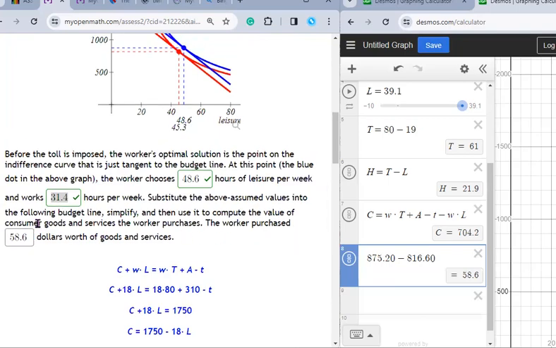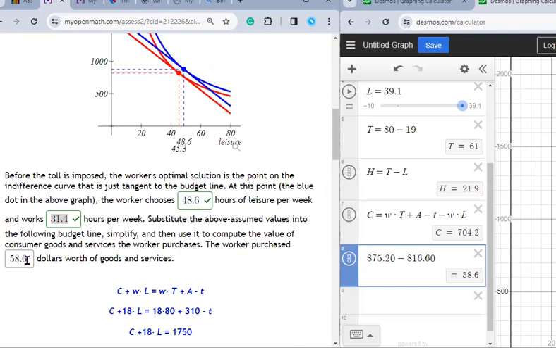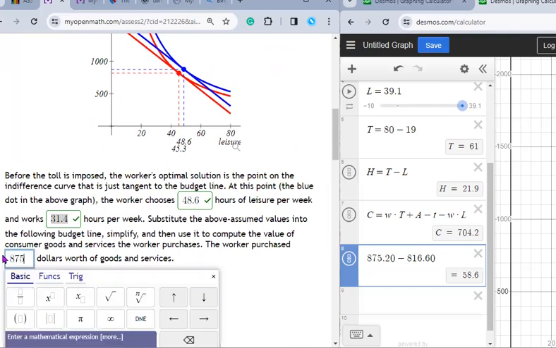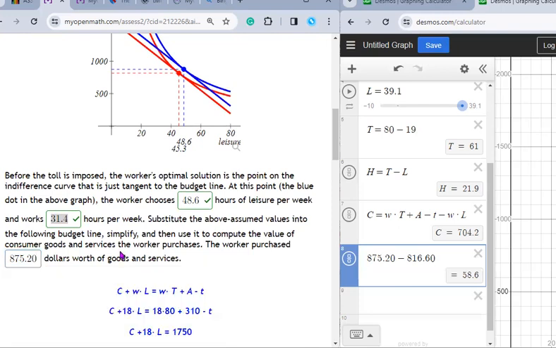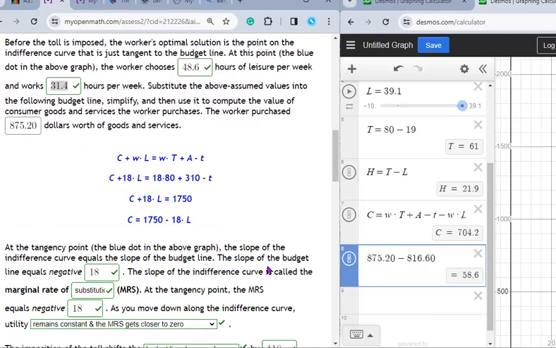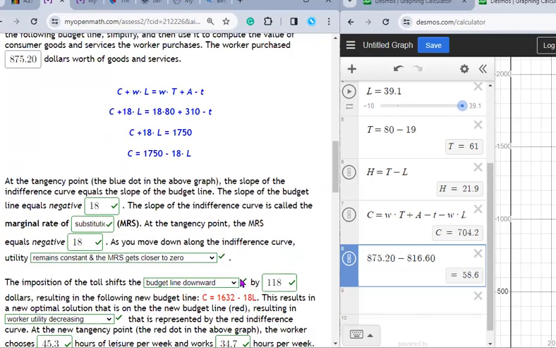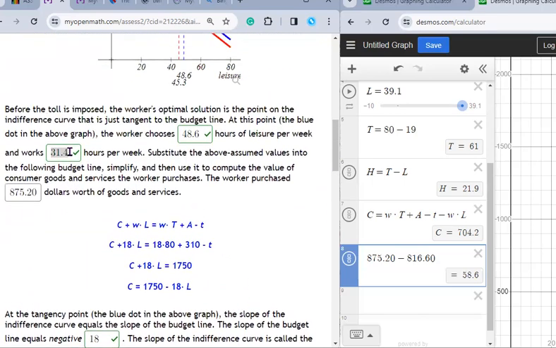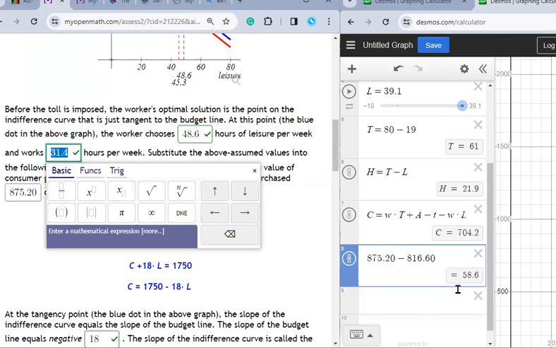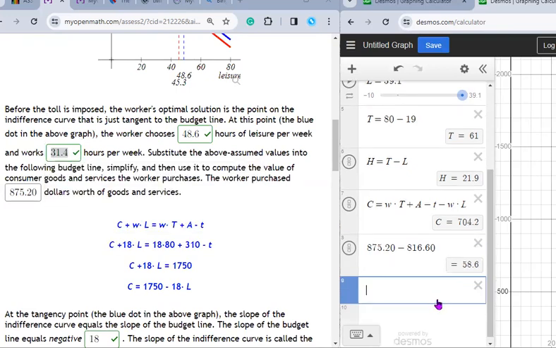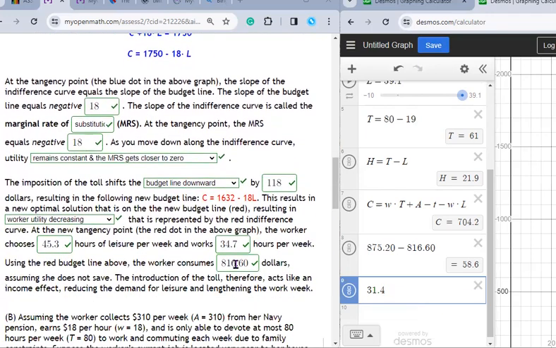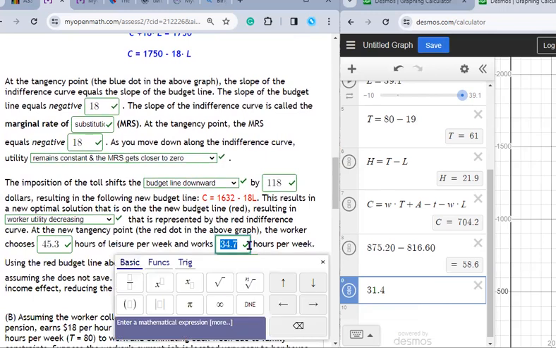Whoops, my cursor was stuck. 875.2, right? Okay, so her income drops from $875.20 to $816.60, right? Her hours worked, it was 31.4. Now her hours worked is 34.7.